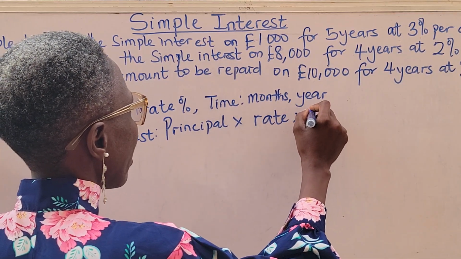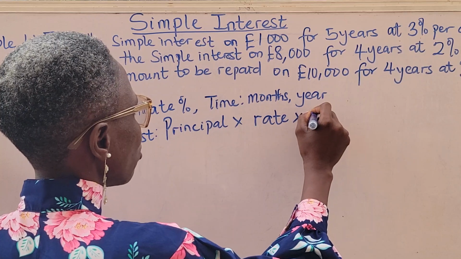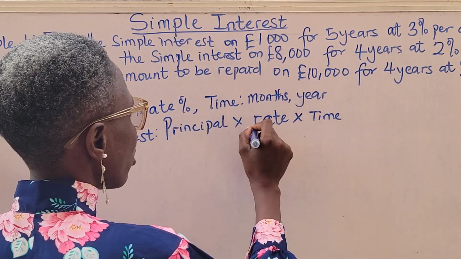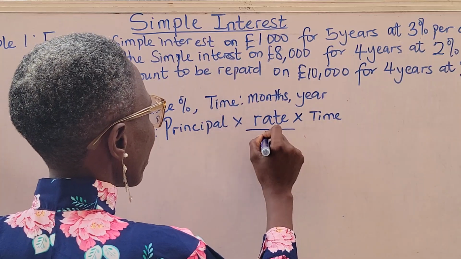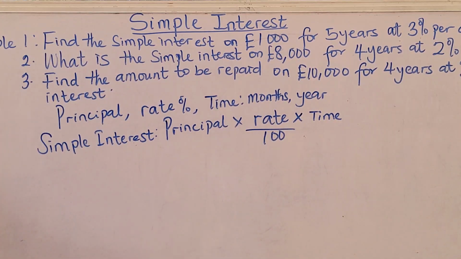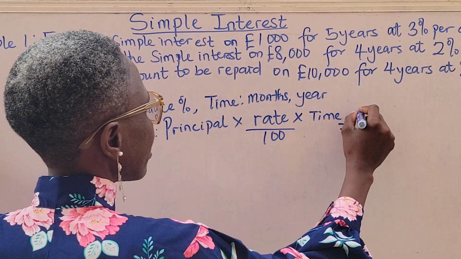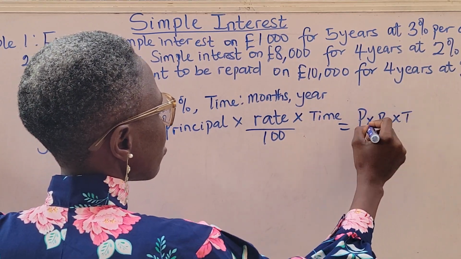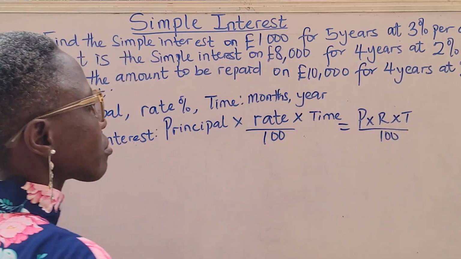If you know percent very well, you will know that that will be over 100. So my rate is always over 100. So if you apply this formula, you will always see it like this: principal times rate times time over 100.